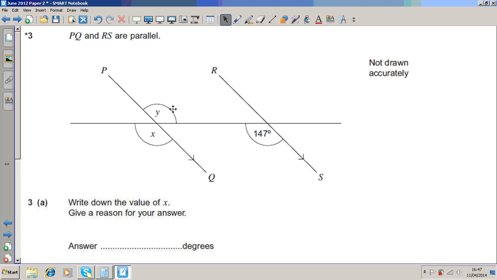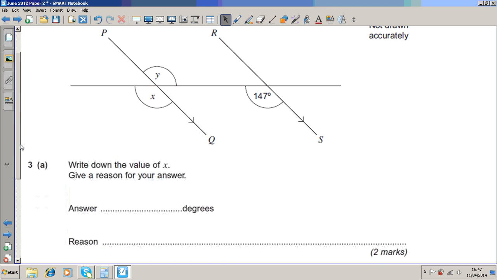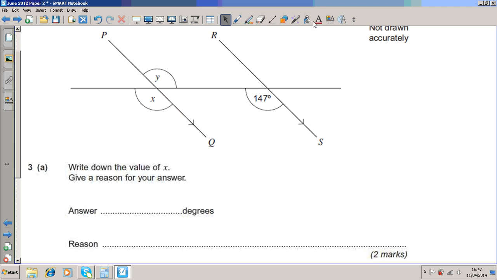Number 3, PQ and RS are parallel to each other. Write down the value of x, give a reason for your answer. There's a star there as well, so definitely need to give a reason. Let's draw it on. There's our transversal.